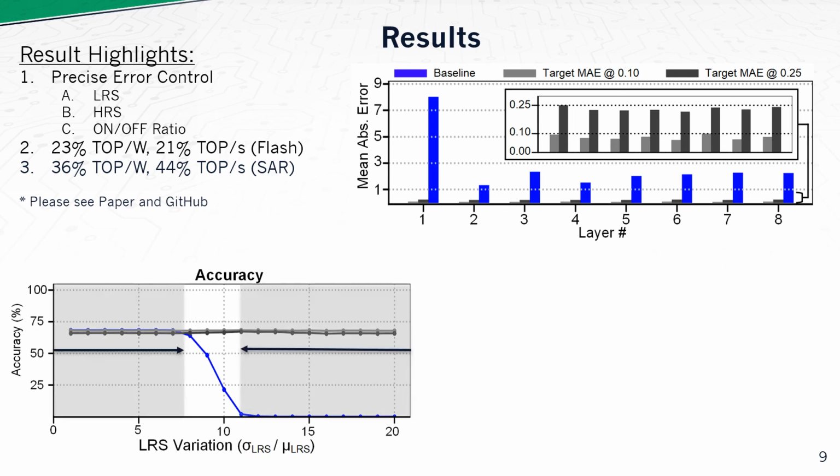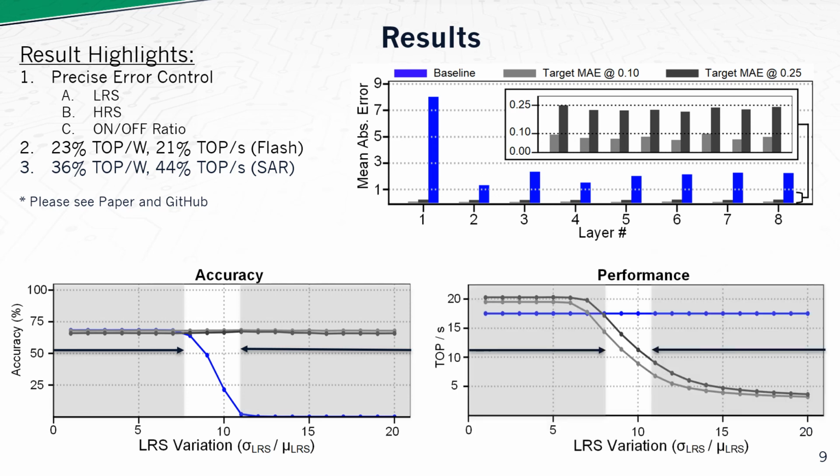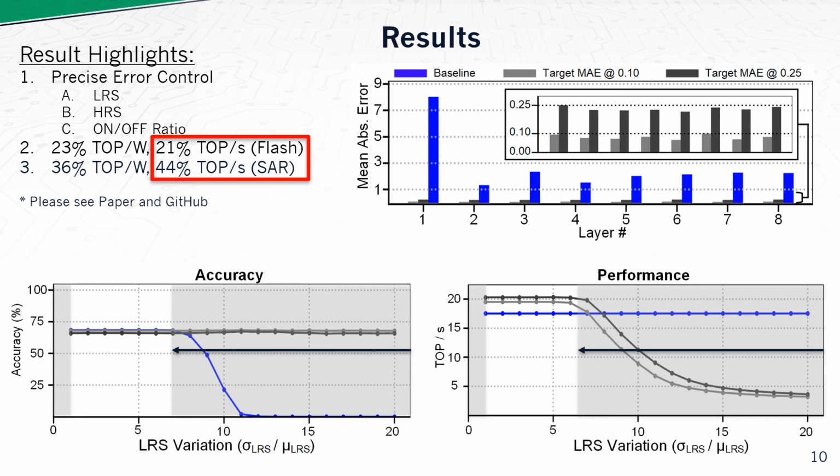For the baseline design, we begin to see accuracy fall off at around 8% LRS variation. Meanwhile, our optimized design maintains constant accuracy despite increasing LRS variation. We do this by reducing performance, which is seen in the performance plot on the right-hand side. However, at low LRS variation, we find that the optimized designs can obtain a significant performance improvement, between 21% and 44%, depending on choice of ADC.